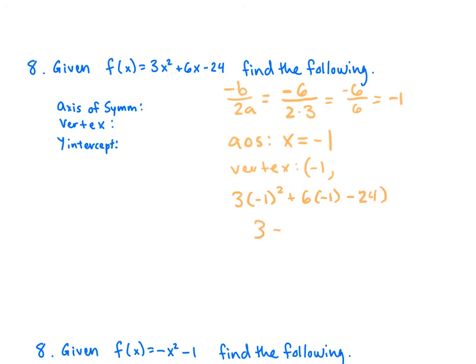This would be 3 minus 6 minus 24. 3 minus 6 would be negative 3. Negative 3 minus 24 would be negative 27. So our axis of symmetry would be x is equal to negative 1, our vertex, negative 1, negative 27.